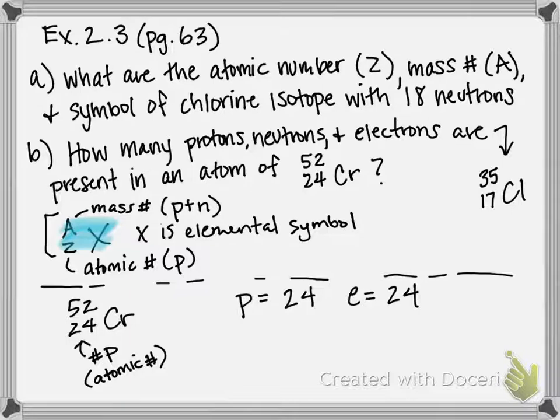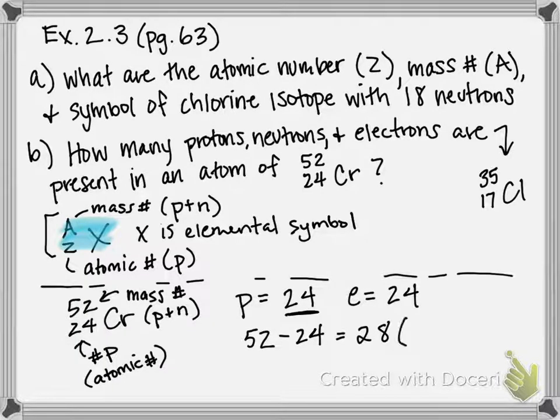Last, we need to figure out how many neutrons we have. Our mass number is written up top, and it's also the number of protons plus neutrons. So if I know my number of protons and my mass number, I can subtract the two to figure out my number of neutrons. 52 minus 24 gives me 28, which is our number of neutrons.